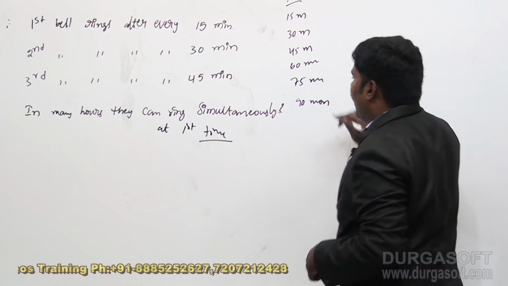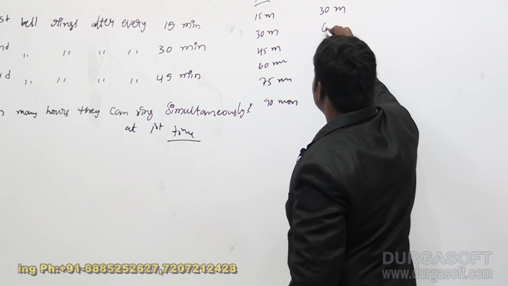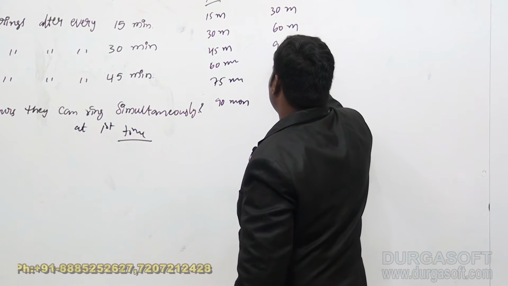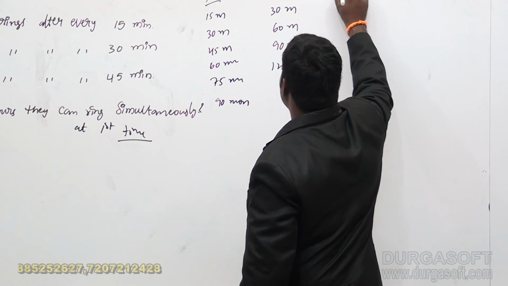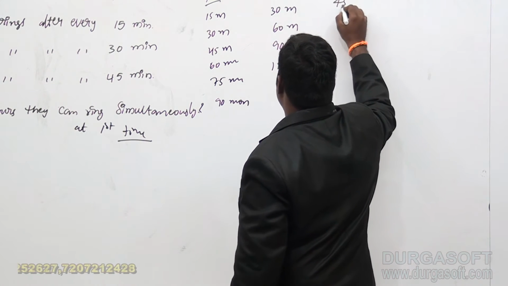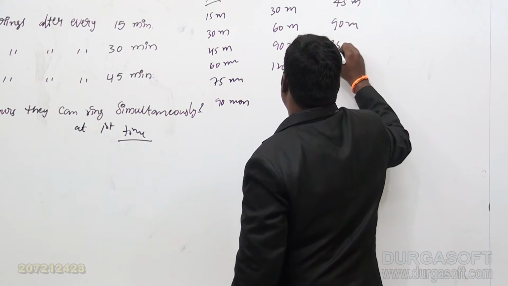The second bell rings at 30, 60, 90 and 120 minutes. The third bell rings at 45, 90 and 135 minutes.